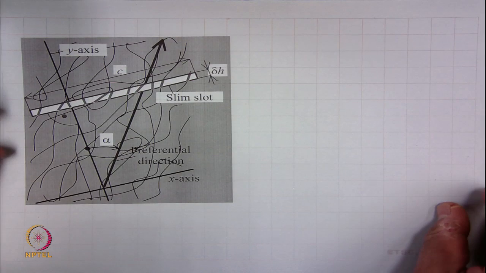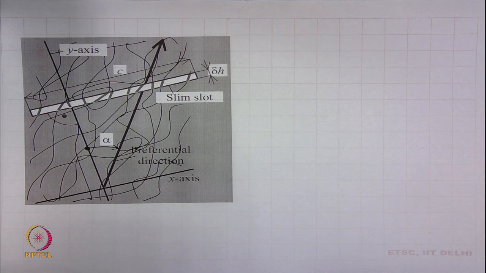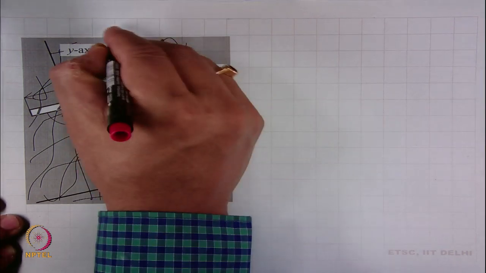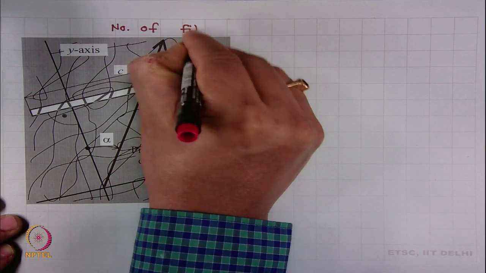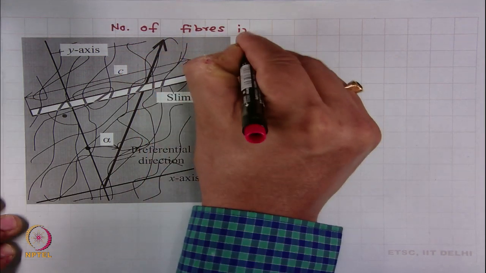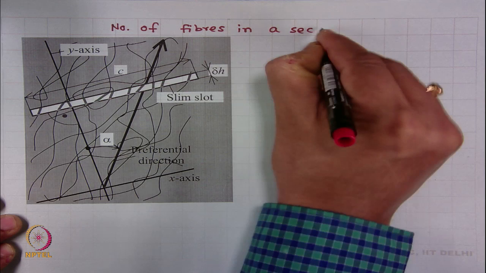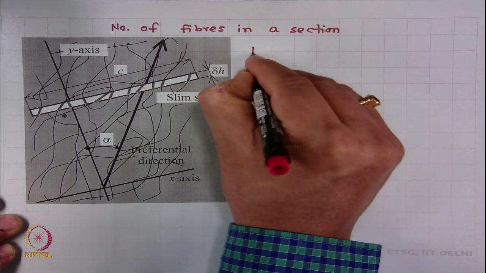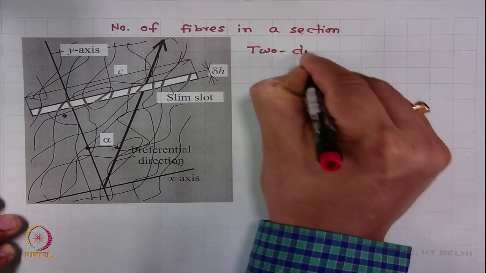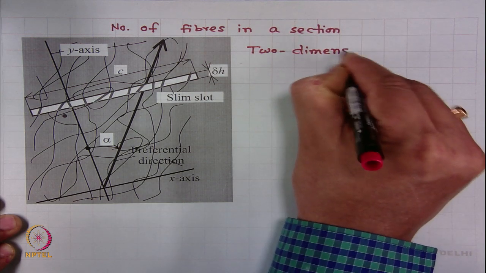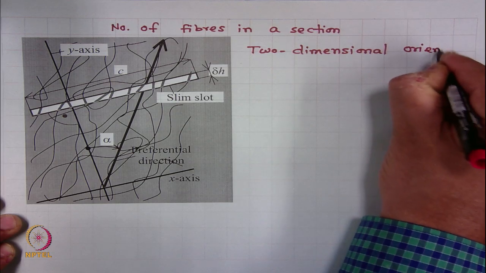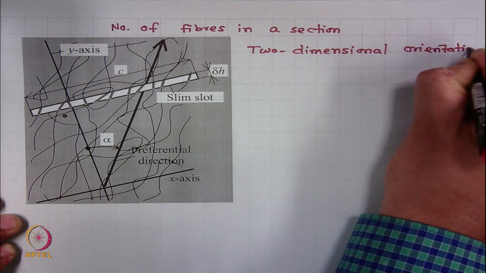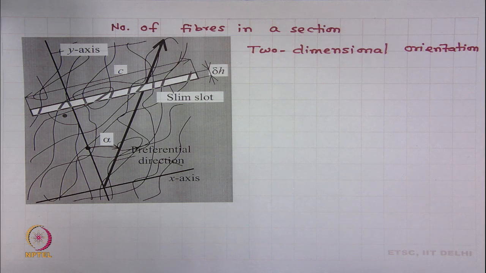So, again we are discussing planar orientation, that is two dimensional orientation. What you see is an image.